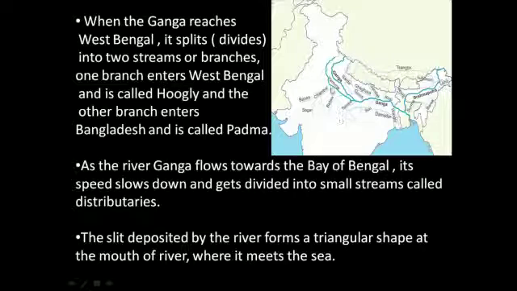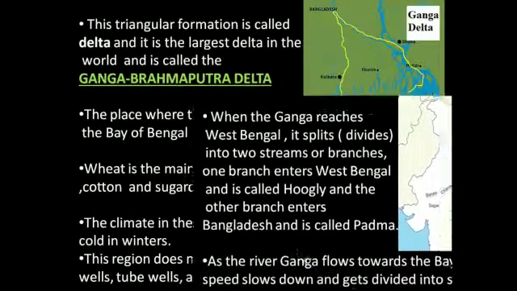The silt deposited by the river forms a triangular shape at the mouth of the river where it meets the sea.